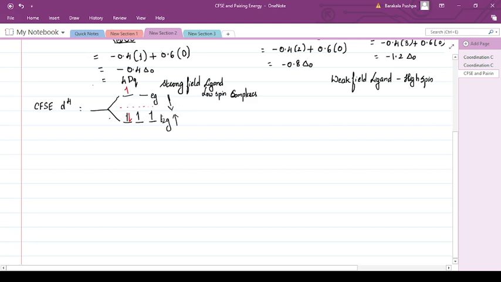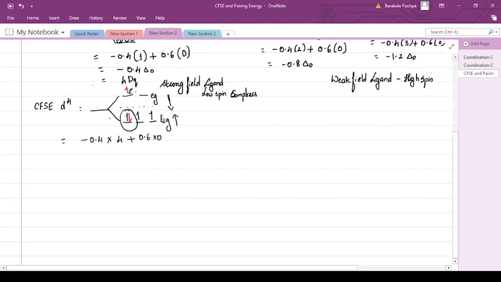So as a result, what happens? The energy gap between the EG level and T2G level is very high. So the electron doesn't have sufficient energy to jump into the higher level. So it automatically gets paired in the lower energy level. So in this case, the CFSE is minus 0.4 into 4 electrons plus 0.6 into 0 electrons.